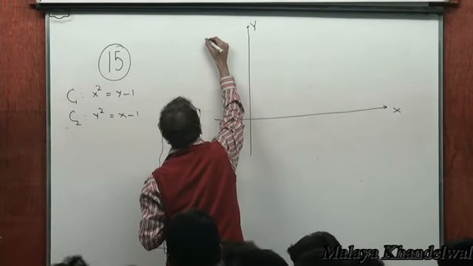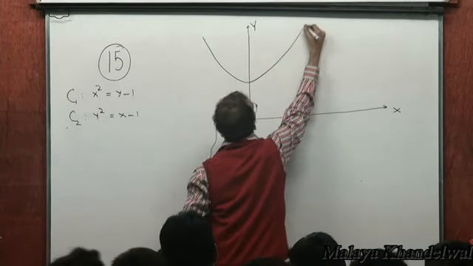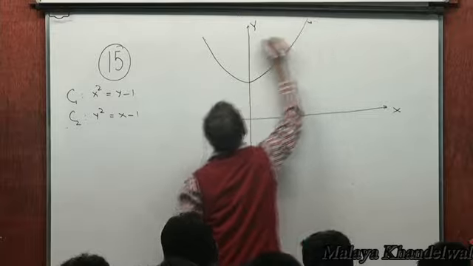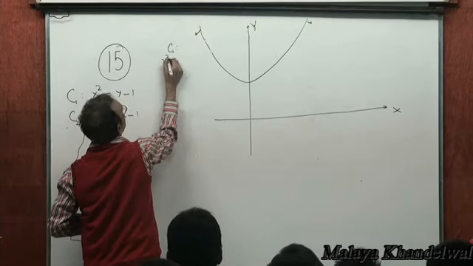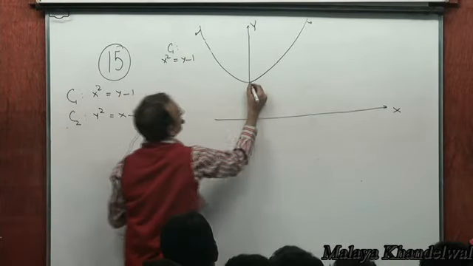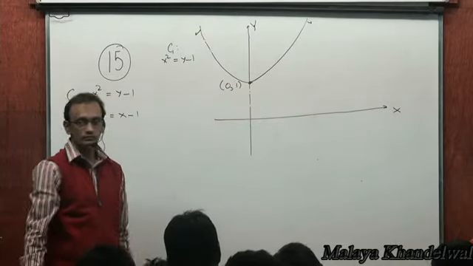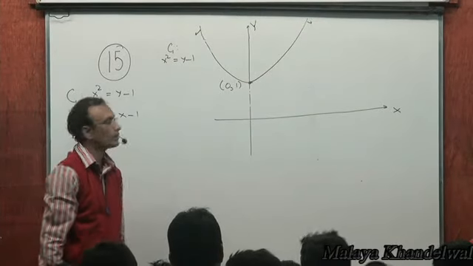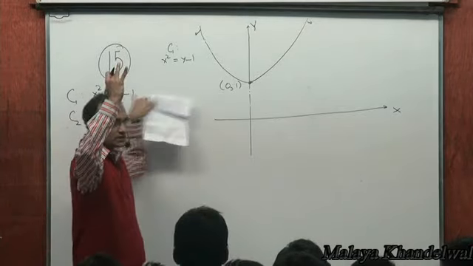x squared equal to y minus 1 is this parabola, C1. Vertex being (0, 1). And obviously y has to be greater than or equal to 1. That's why it opens upwards.